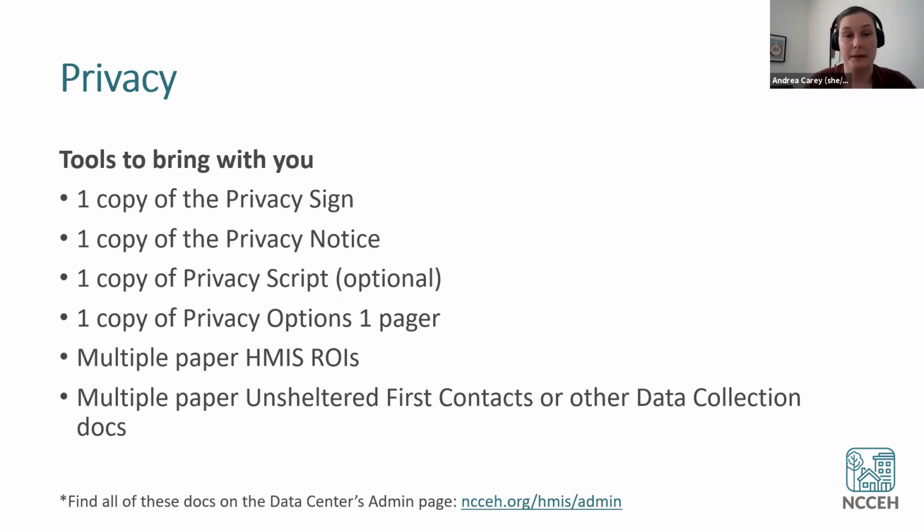We do recommend bringing a copy of our privacy options one-pager, which is for both clients and staff to go through and describe a little bit better what those options are. You're going to want to bring multiple ROIs in case you're meeting multiple folks, and data collection documents, so your unsheltered first contact form or other documents to keep track of what you're collecting out in the field.